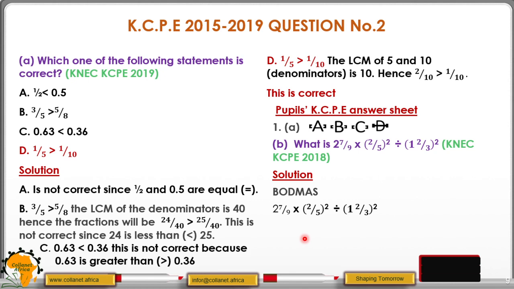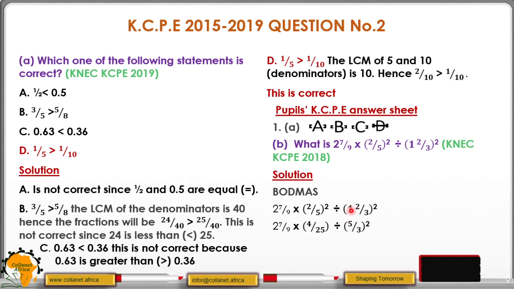In this case, 2/5 when you square you get 4/25, while this one is already a mixed fraction, so we need to change it into an improper fraction. By multiplying the denominator 3 by the whole number you get 3.